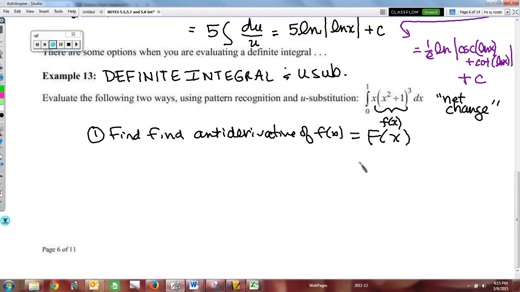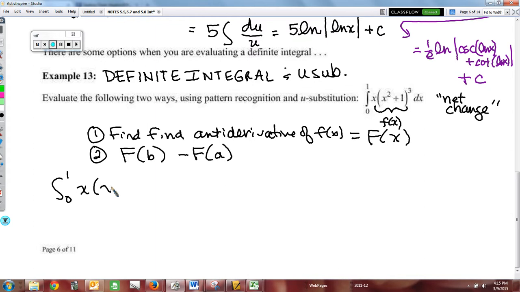Okay, and we don't worry about the constant because we're doing a definite integral, so we're going to be calculating our net change, and according to the fundamental theorem of calculus, we plug in b and then we plug in a and we calculate our net change. So our final answer when we are doing a definite integral, we recognize that we will end up with a number, not an antiderivative function.